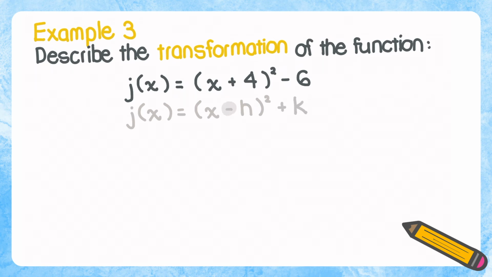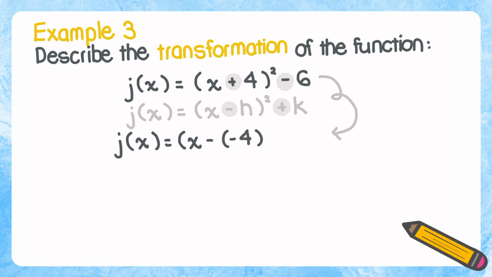So notice in these areas we do not have exact matches, so we need to rewrite the function. We have j of x equals x minus negative 4 quantity squared plus negative 6.